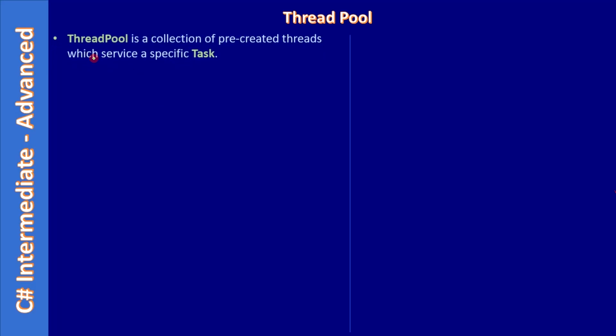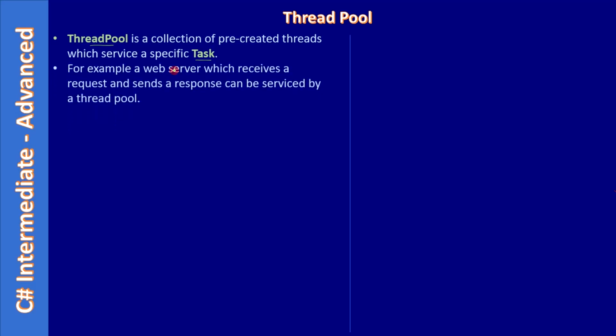ThreadPool is a collection of pre-created threads which service a specific task. So you see, ThreadPool, collection of threads, and a thread will perform a task. For example, a web server which receives a request and sends a response can be serviced by a ThreadPool.